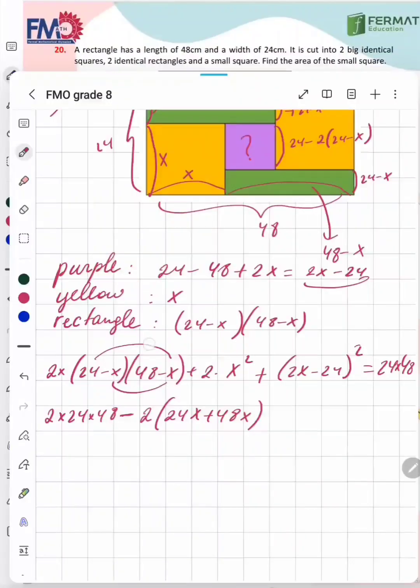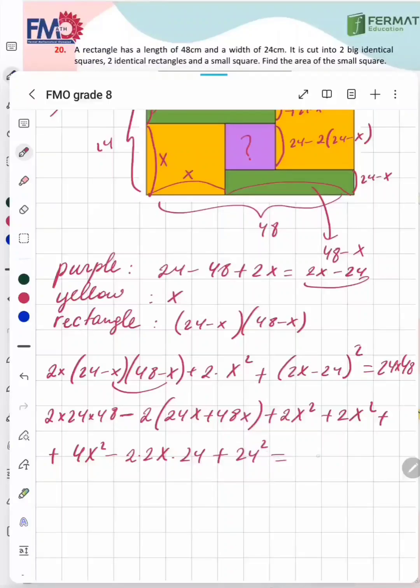And we have x times x, which is x squared, with a 2 in front of it, plus another 2x squared over here, plus, let's expand according to the formula (a minus b) squared. So we have a squared, which is 4x squared, minus 2ab, plus b squared, 24 squared, equals 24 times 48. Let's move it to the left side. Minus 24 times 48 equals 0.